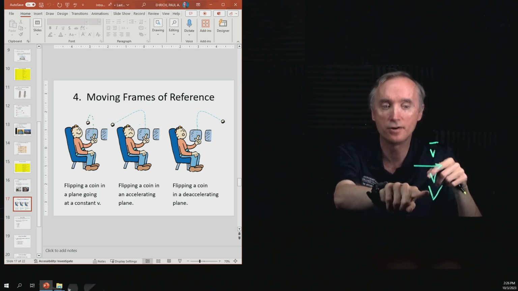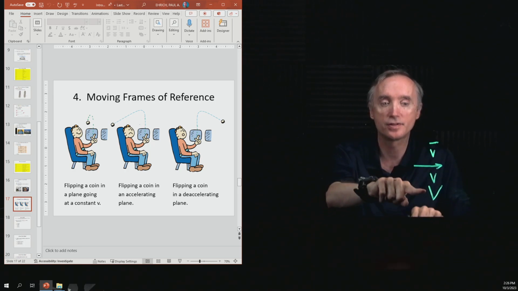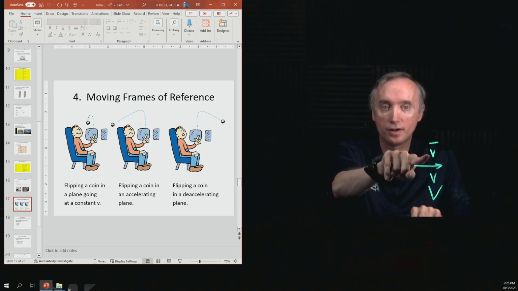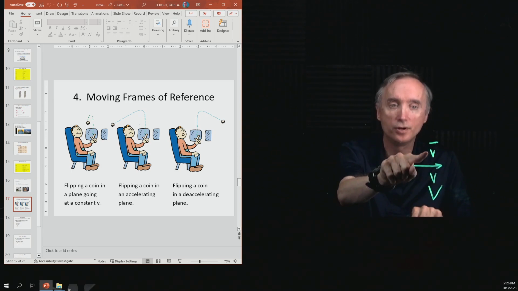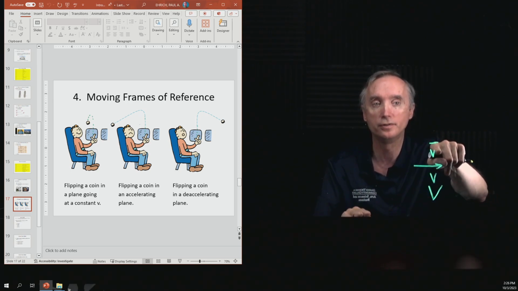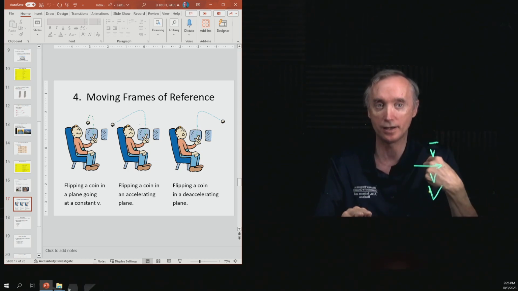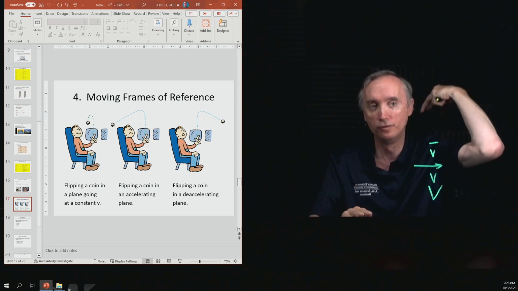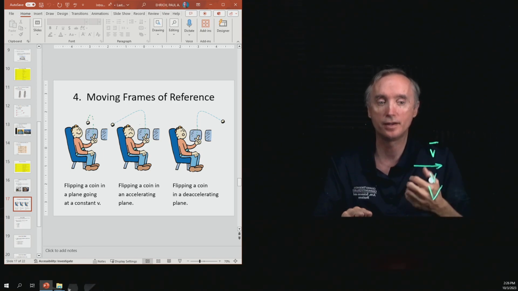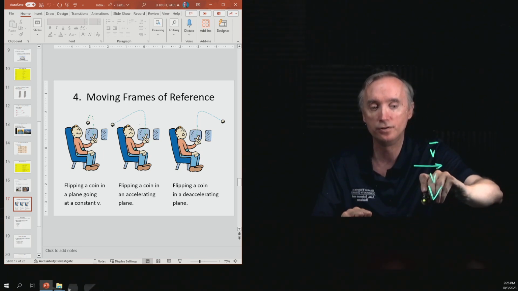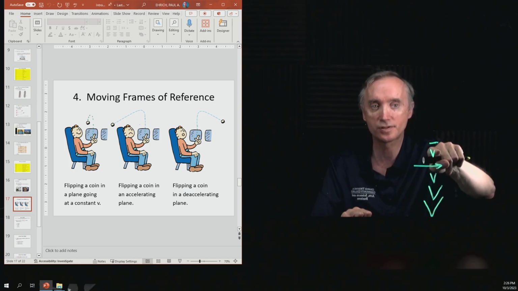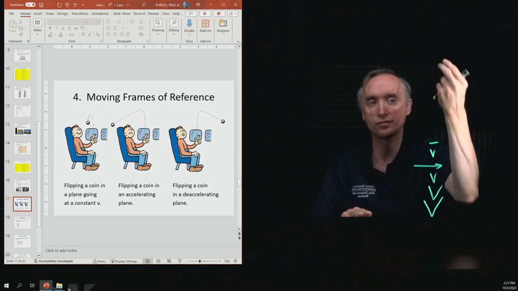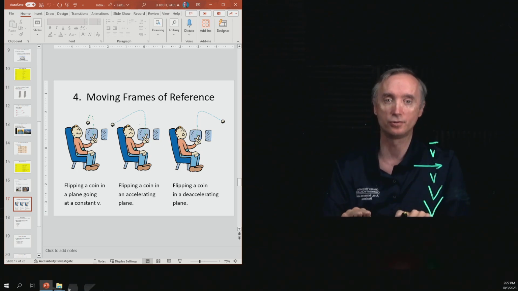The chair that you're sitting in has a greater speed than the coin does, so your chair is going to move further than the coin, and therefore the coin is going to be left behind and go over your shoulder. At the end of another second, your speed is even greater, but the coin's speed is still the same, so as time goes on, that coin gets further and further behind your shoulder.